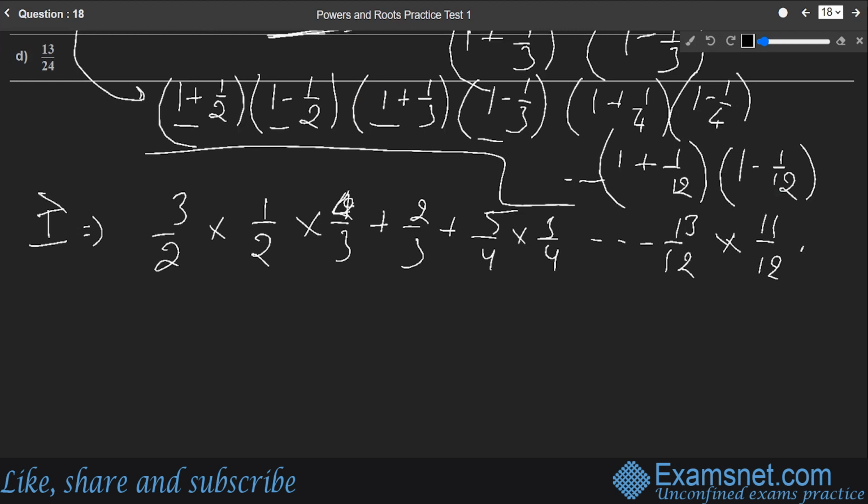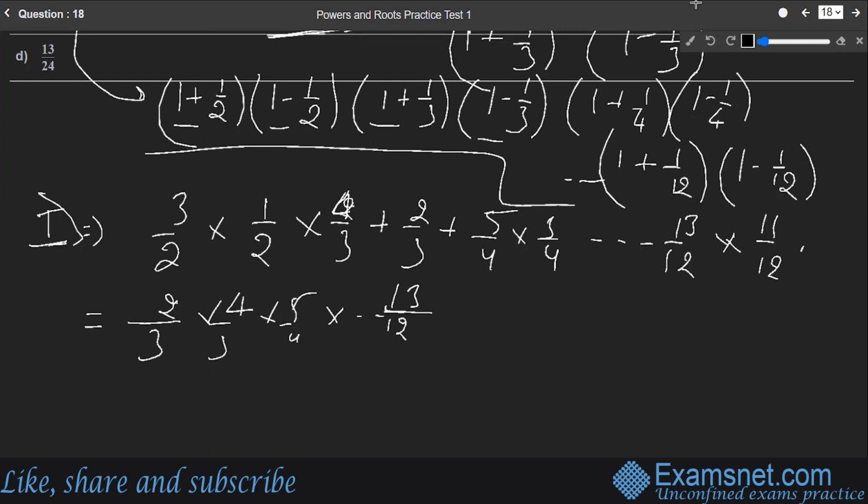So in this particular series, let us separate the terms. We will multiply a few things together, and we'll multiply the other things in a different way, so that we can cut as many things as possible. So we can write 3 by 2 into 4 by 3 into 5 by 4, dot dot dot till 13 by 12.